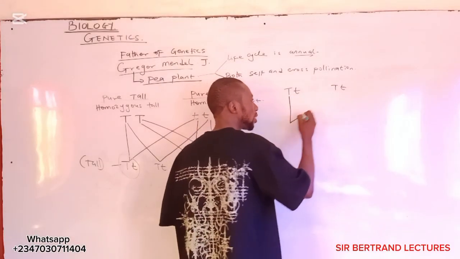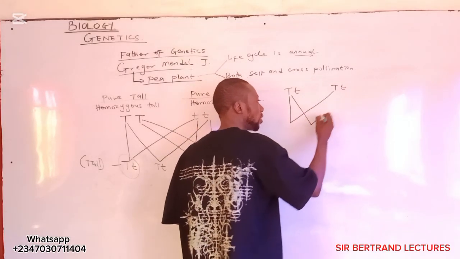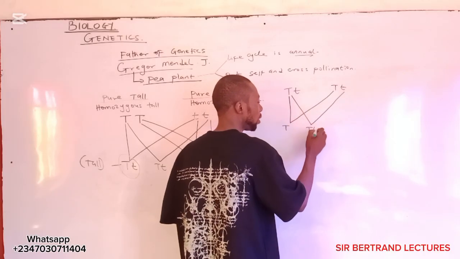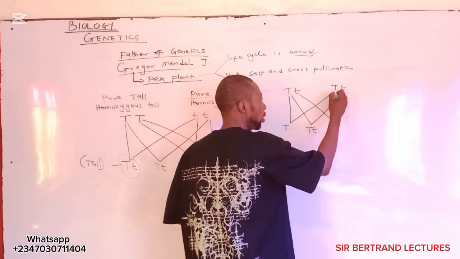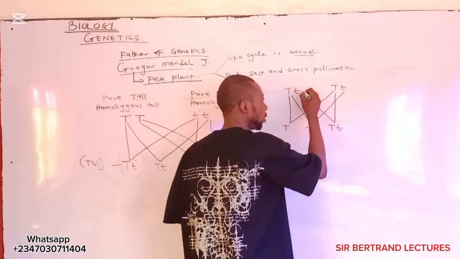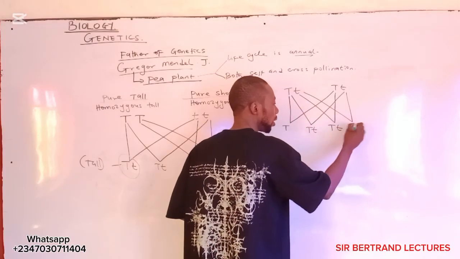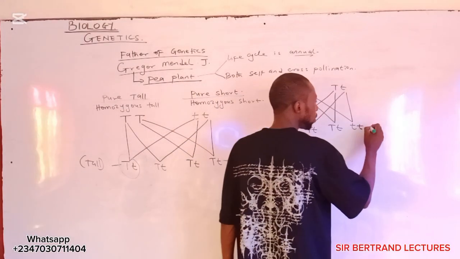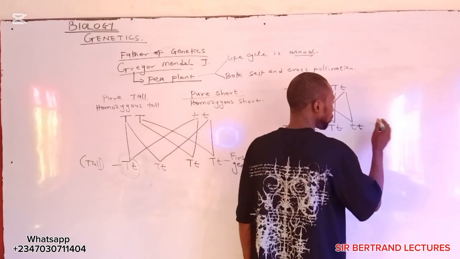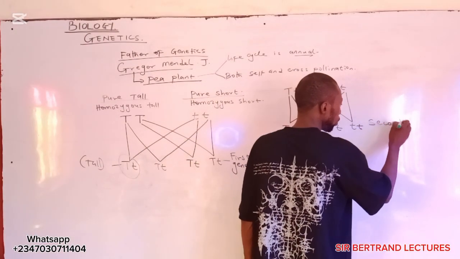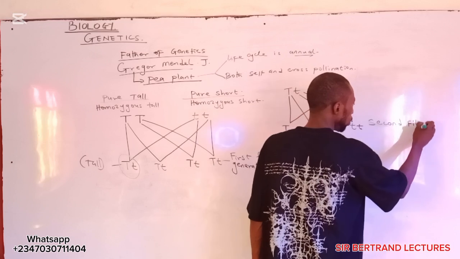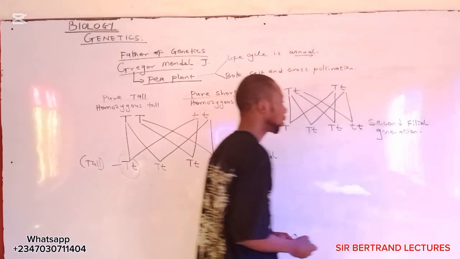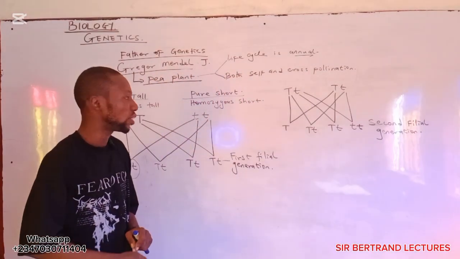Then he crossed this against this, having capital T and small t, cross with this, capital T and small t, cross with this, capital T, small t and small t. All right? And he called this the second filial generation.